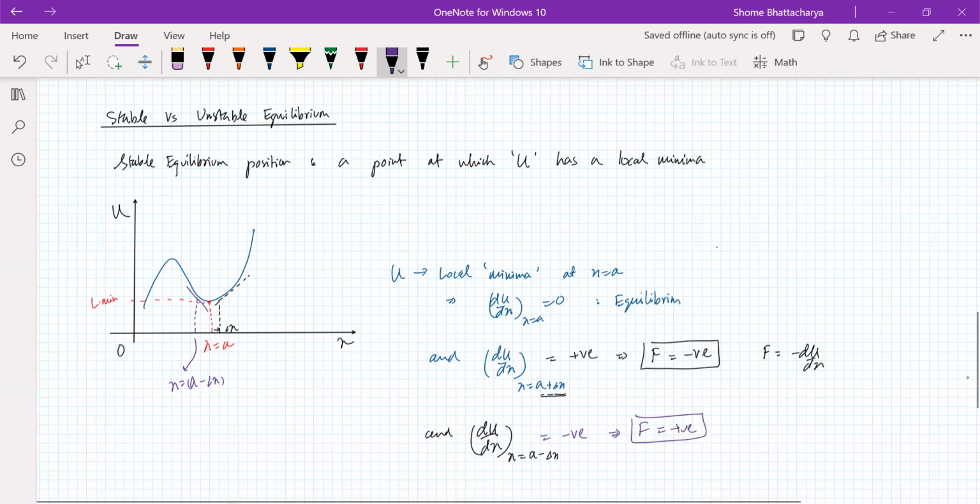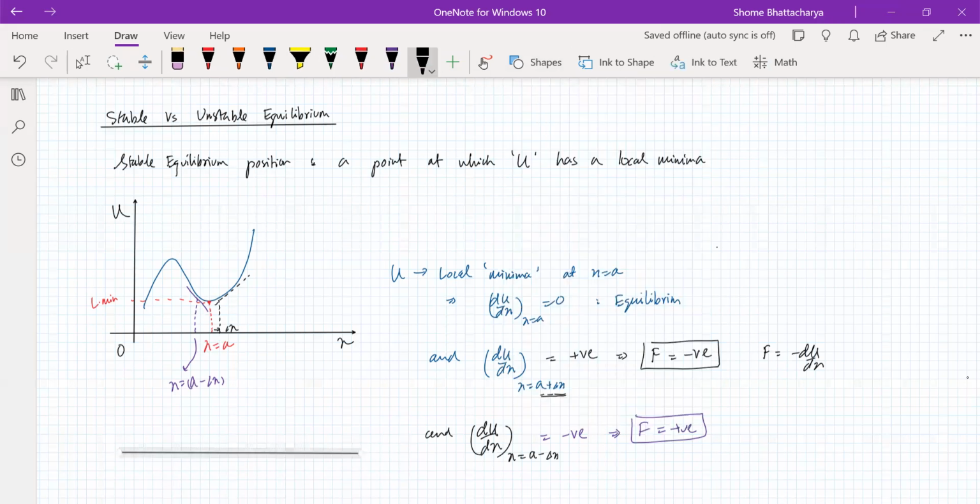So now let's think about the force at these three different points. Suppose this is my particle moving along the x-axis. This particular point here is x equal to a. When the body is over here, what about the force on it? It is 0. But the moment I shift the body to a point slightly to the right of a, then what is the direction of the force?